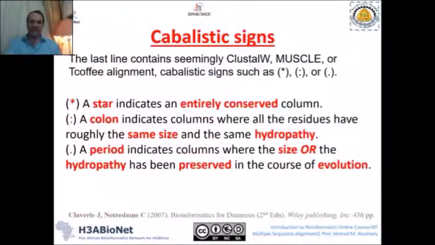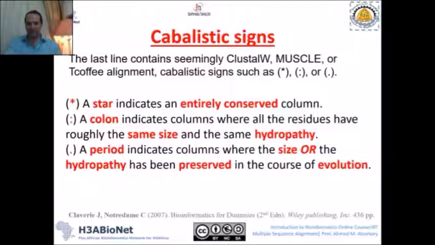A colon indicates columns where all the residues have roughly the same size and hydropathy. So if you have a column where all the residues maybe are different but have the same size and hydropathy, this column can be represented by a colon. A period indicates a column where the size or the hydropathy has been preserved in the course of evolution.